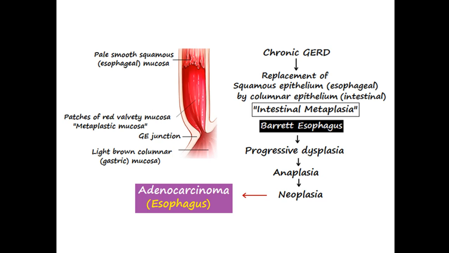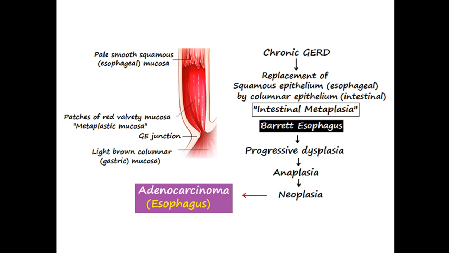Here, the chronic irritation is caused by chronic and persistent GERD, mainly because of increased pressure from the abdomen or an incompetent lower esophageal sphincter. The acidic gastric contents will continually irritate and damage the squamous epithelium, and as a result the squamous epithelium will undergo metaplasia into the intestinal type of columnar epithelium.